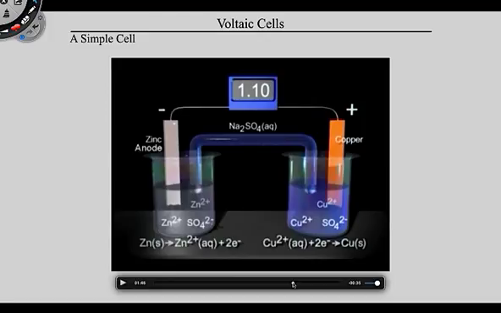Then guys, similarly, you've got to have the same ideas nailed down about the cathode, where reduction is taking place as the copper ion is reduced to copper metal as the electrons are taken up that were originally released by the zinc.